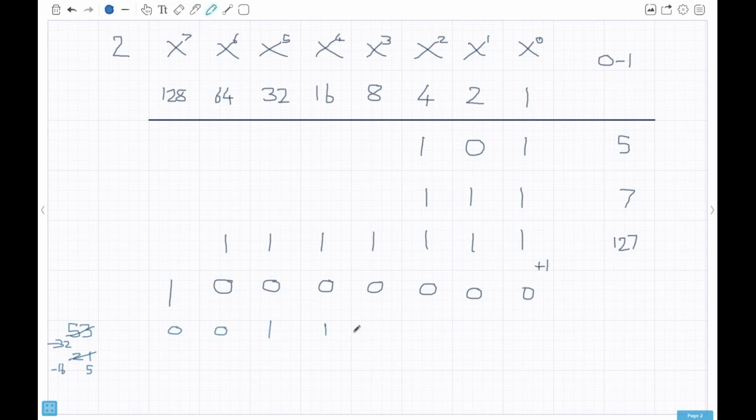Now, 8 is bigger than 5, so we don't want any of them. 4 is smaller than 5, so we'll have one of them. Now you subtract 4, you end up with 1. 2 is bigger than 1, so we don't want any of them. 1 is 1, so we'll have one of them at the end, please. So 0, 0, 1, 1, 0, 1, 0, 1 is 53. So that's 32 plus 16 is 48, plus 4 is 52, plus 1 is 53.